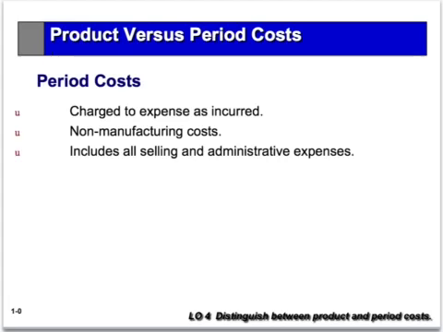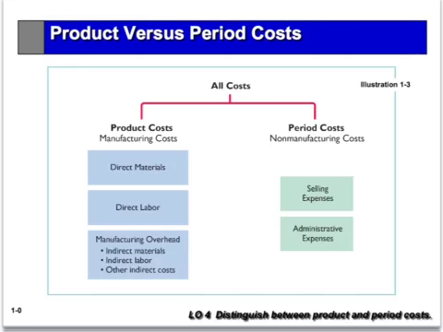Period costs, on the other hand, are expenses of the accounting period. These are costs that are charged to the period in which they are incurred, 2012. These are all non-manufacturing costs, and they can be in two categories: selling and marketing, which is delivering the product, and the general administration of a business. So there's your difference between a product and a period cost. Again, all costs in a manufacturing company can be classified into two categories: product or period.